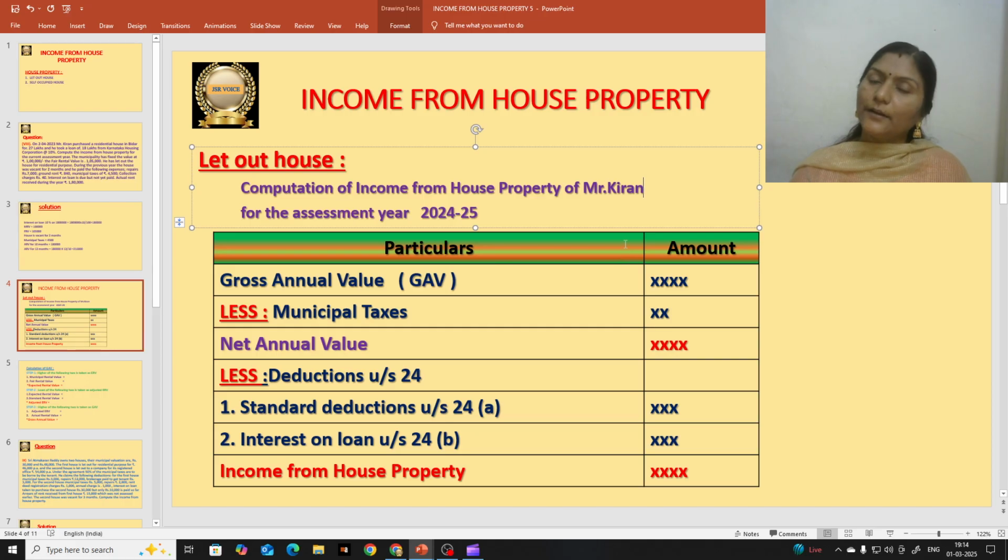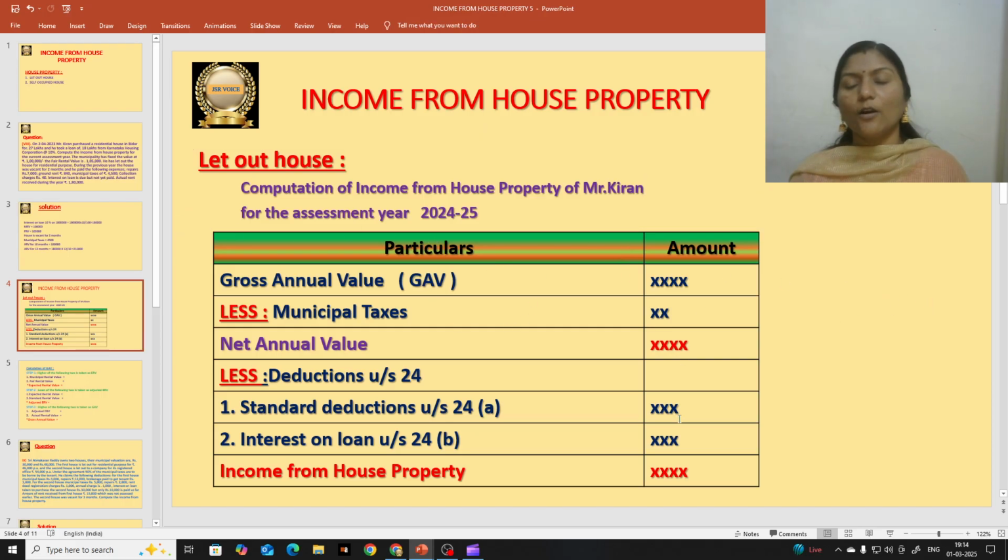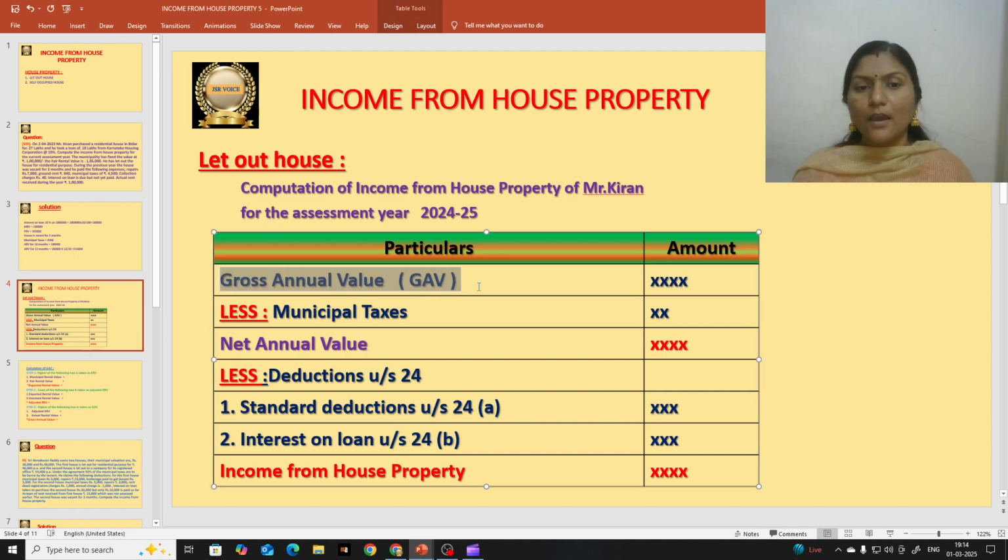This is a heading that we are going to give, and we have to draw columns, particulars, amount. Already columns are ready and format is ready. This is a format that everyone has to follow while calculating income from house property. Okay, and here first item always is gross annual value, students. And gross annual value short form is GAV. Okay, so what is GAV? Gross annual value. Do they give it in the question? No, they don't give it in the question.